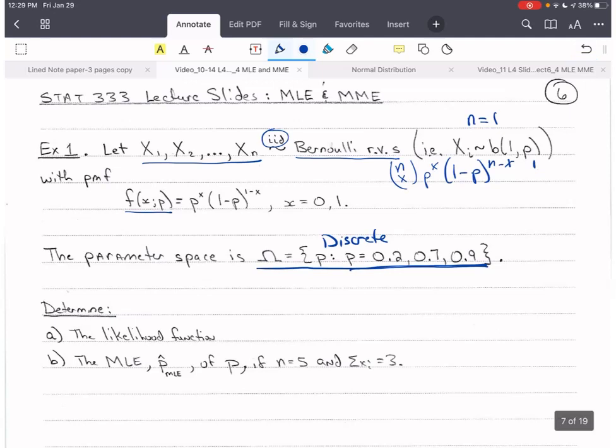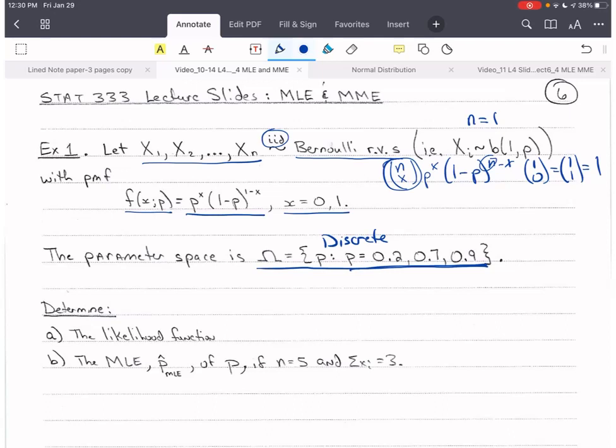So this will be 1 choose either 0 or 1. In both cases, this is 1. So this term goes away to 1. And then I have p to the x, 1 minus p to the 1 minus x. That's exactly what I have here. And don't forget your support. X is only 0 or 1. Okay? This is very important when we solve this problem for the continuous case. Okay. All right.